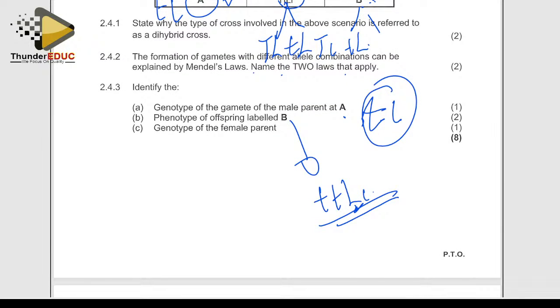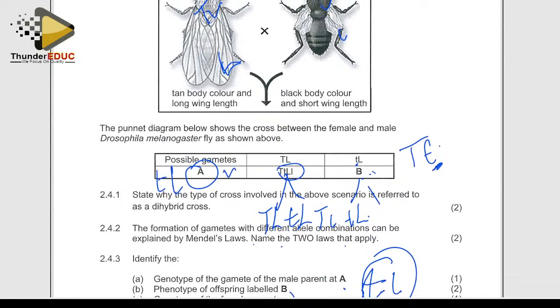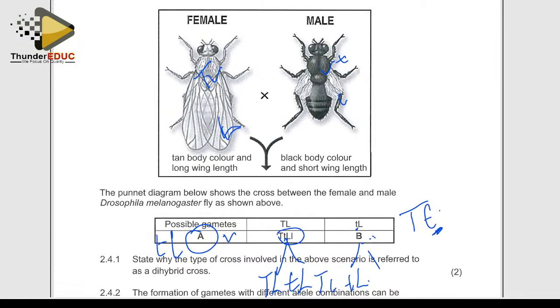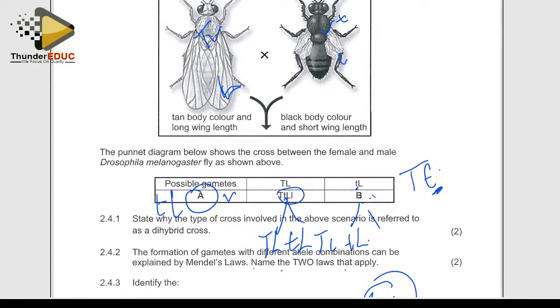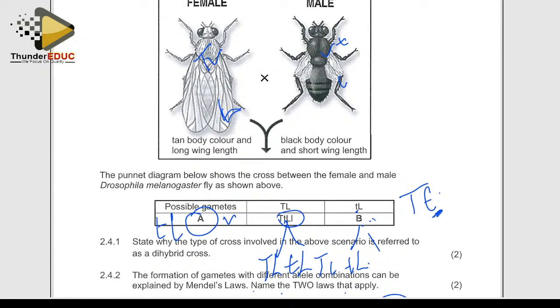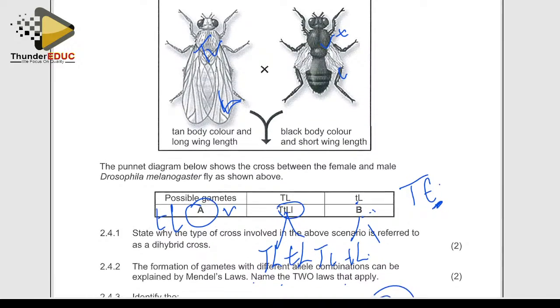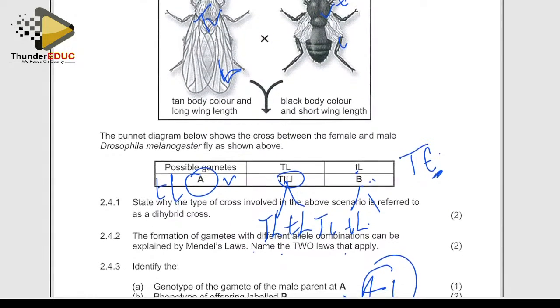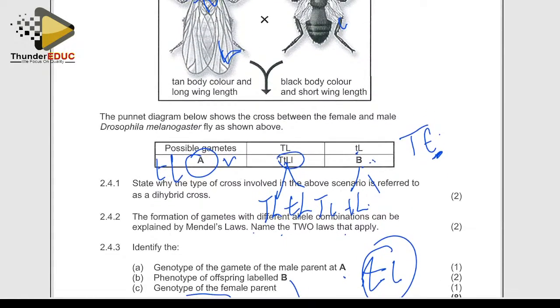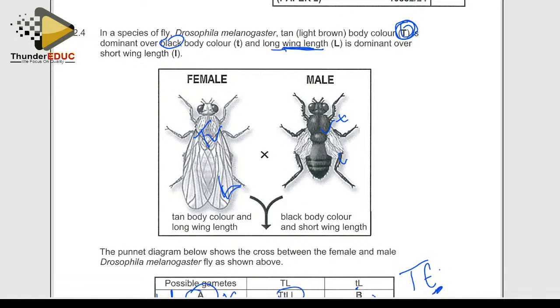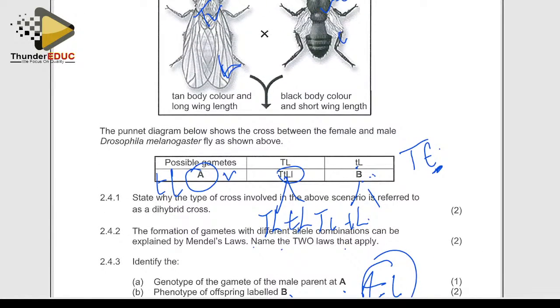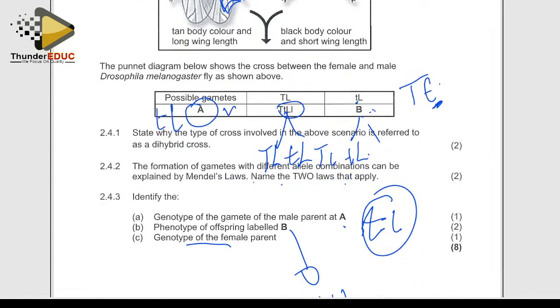Then the genotype of the female parent. Where is the female parent? So we see that this one, what did they say here?